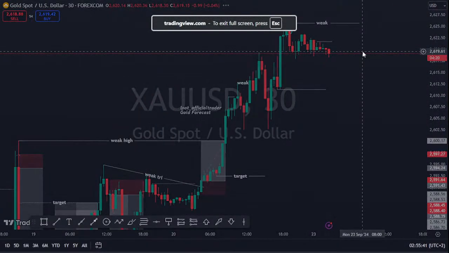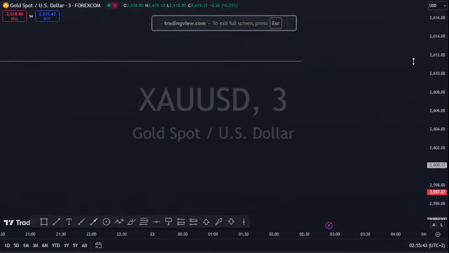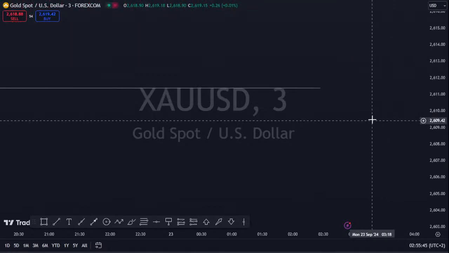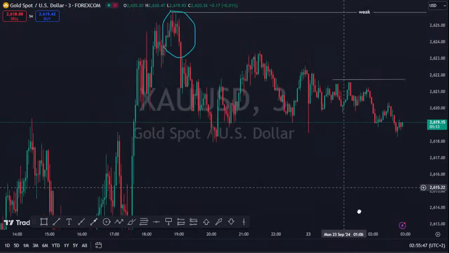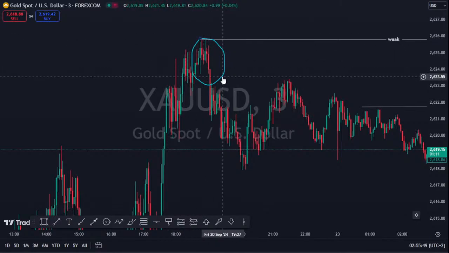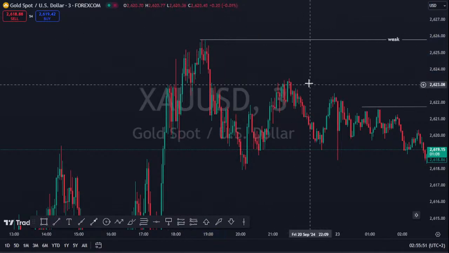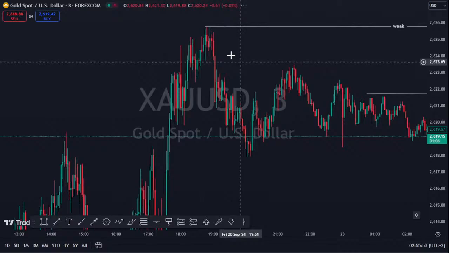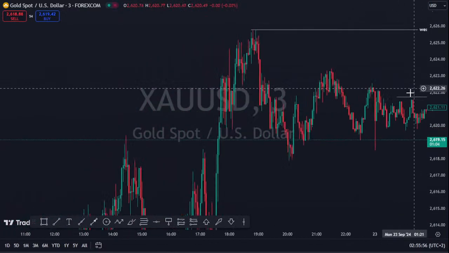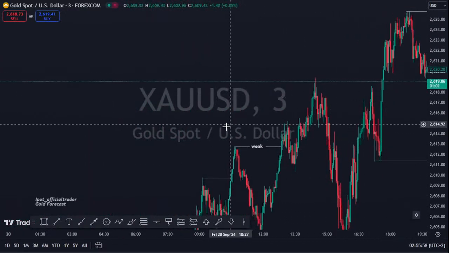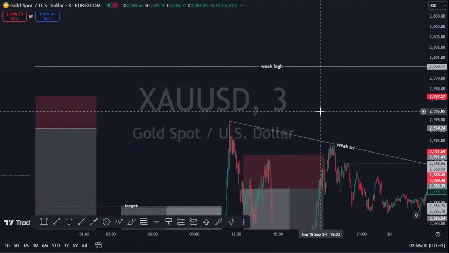3 minutes. Let me go to 3 minutes so that you can see. On 3 minutes, we do have this price as a weak high. This high is definitely a weak high, because as I did mention, you can look at it, it's the same similarities. We expect the same reaction.